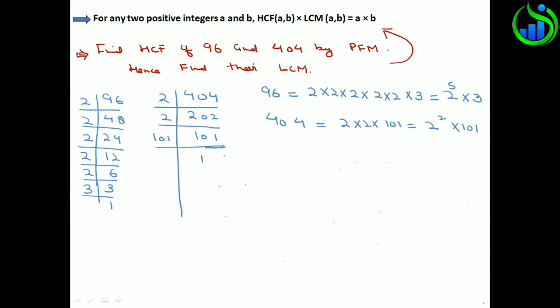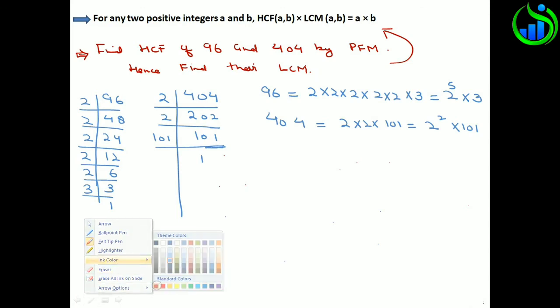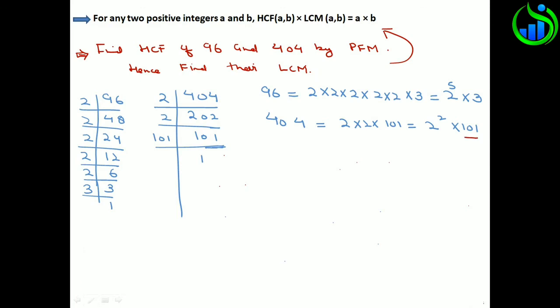The HCF is the product of the smallest power of each common prime factor. The only common prime factor is 2, and the smallest power is 2 raised to the power 2.